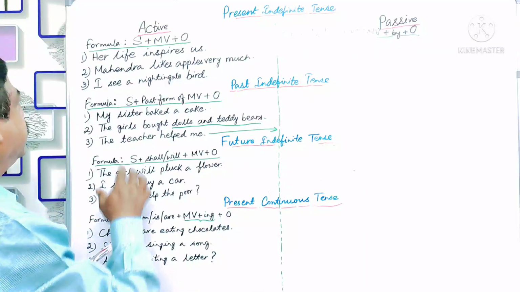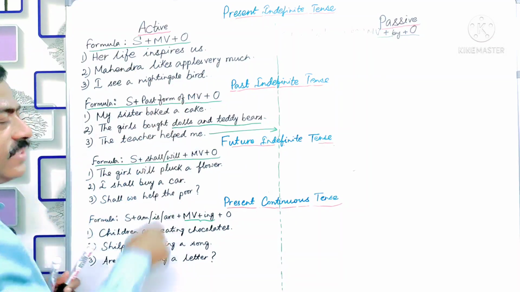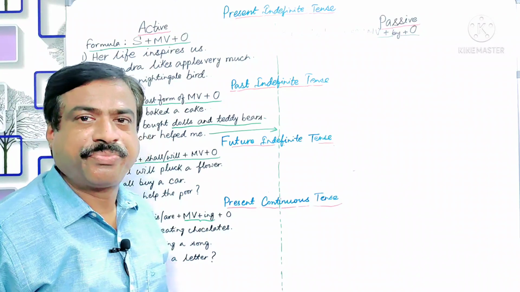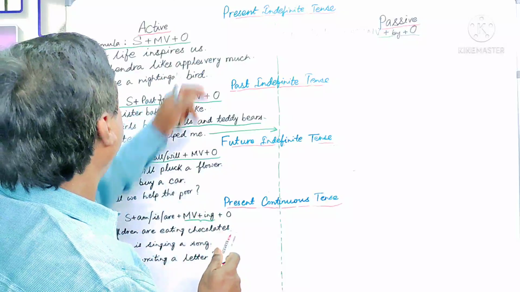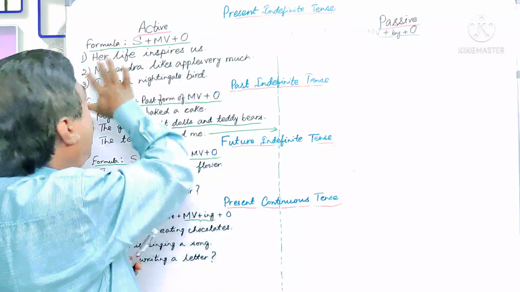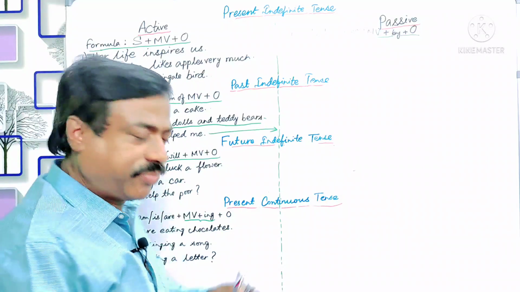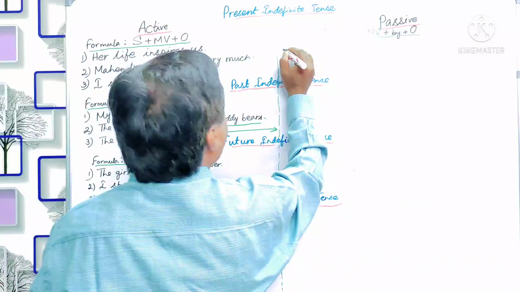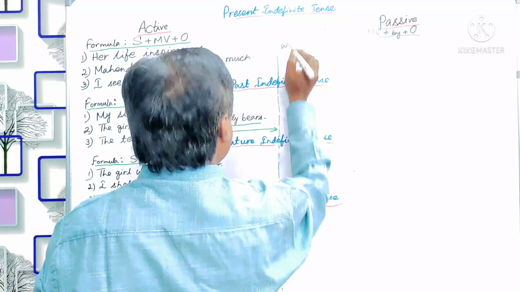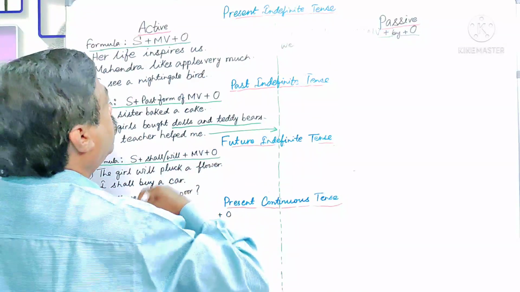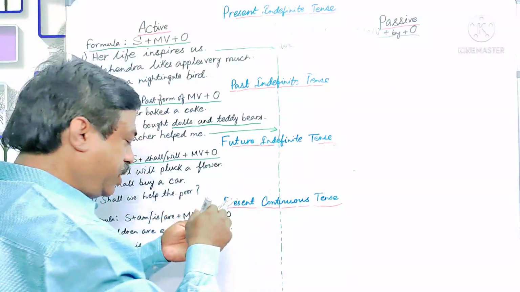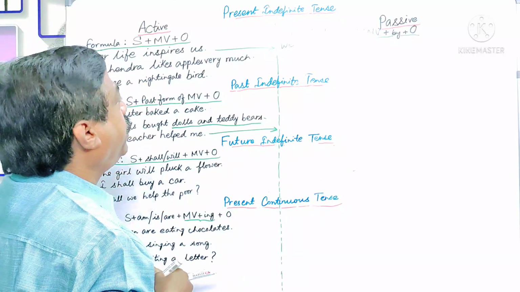Now I come to the sentence. Here the active voice is how life inspires us. So us is the object, that will become the subject. So we becomes the subject here. I draw the line here so that you can understand. So this is the change that is happening here.